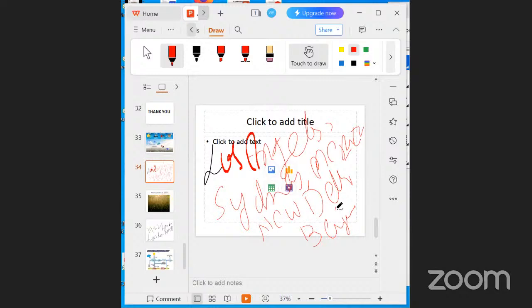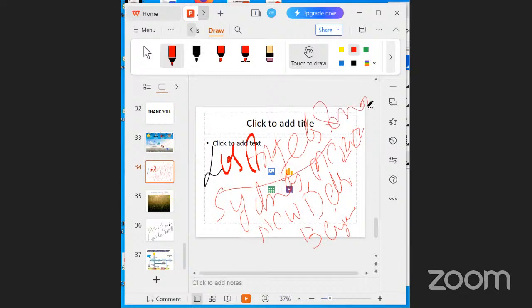Los Angeles, Sydney, Mexico, New Delhi, and also Beijing, among many others. It is also sometimes referred to as Los Angeles smog. I already told you about the London smog before, and this is called Los Angeles smog, right?